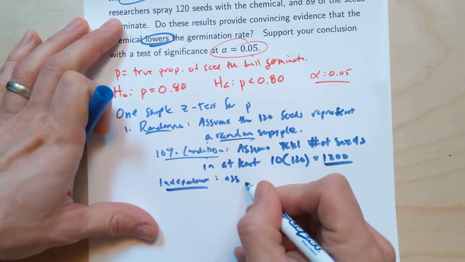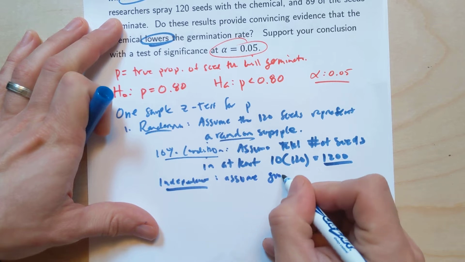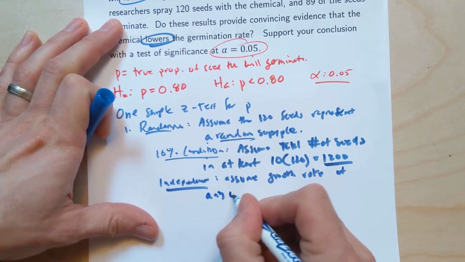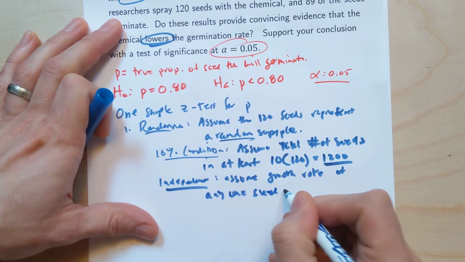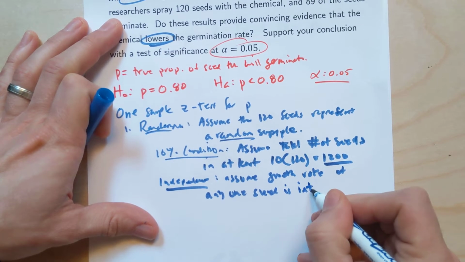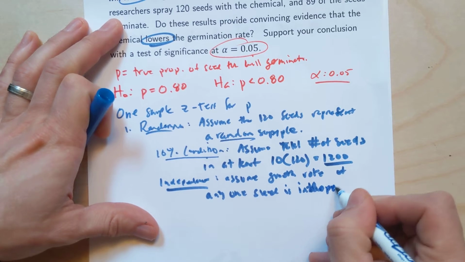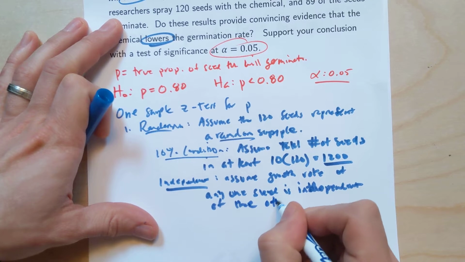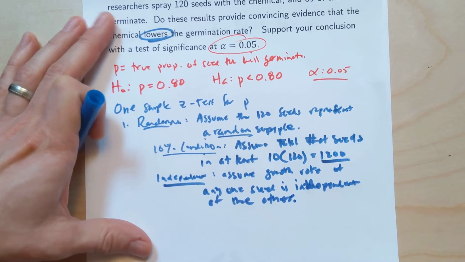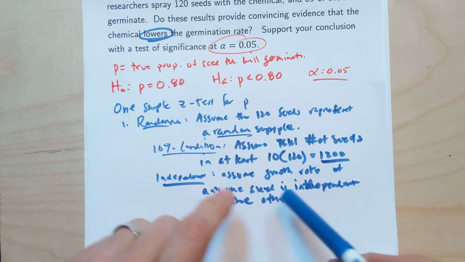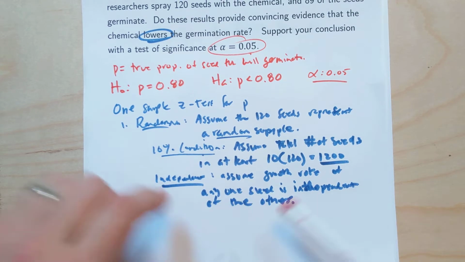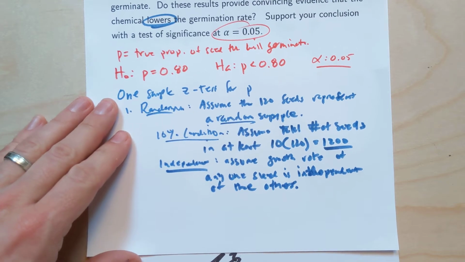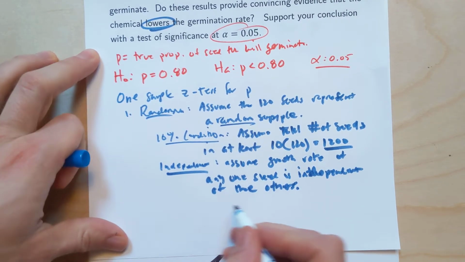We'll assume the germination rate of any particular seed is independent of the germination rate of any others, just to really button things up. Okay, so that finishes off independence.